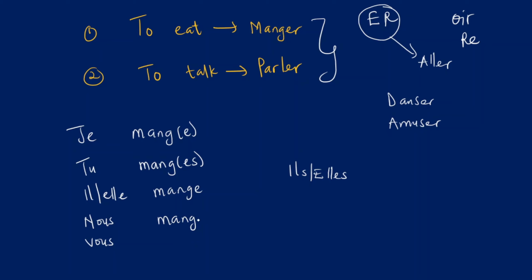Now one thing about this is that it could have been nous mangons, but it's not preserving the j sound, right? So I'll have to put the E here so that the sound j will continue. If not, we are going to have mangon. Okay, so we have nous mangeons.